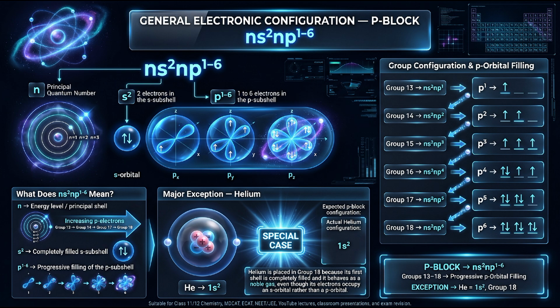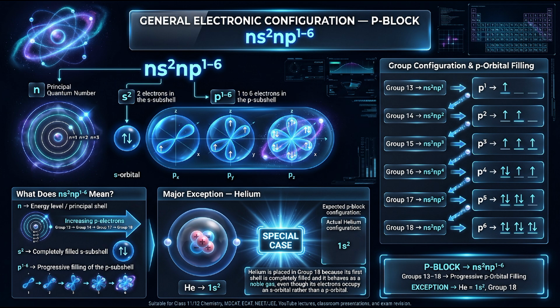There is one important exception that must be remembered, and that is helium. Helium is placed in group 18 because it behaves as a noble gas and has a completely filled first electron shell. However, its actual electronic configuration is 1s². It does not have a p electron at all, because the first shell contains only the s-subshell.